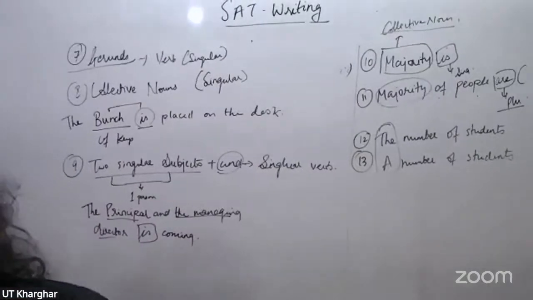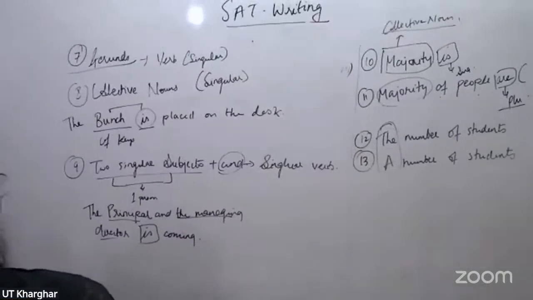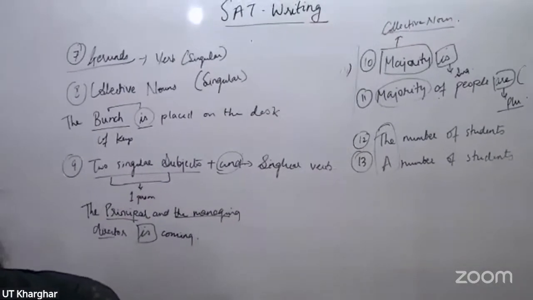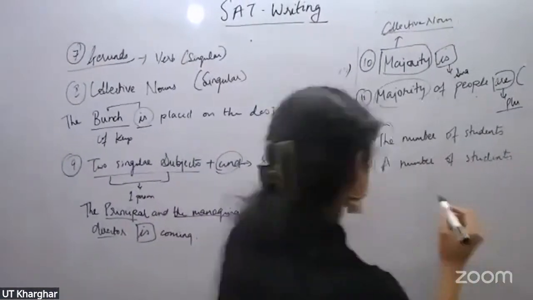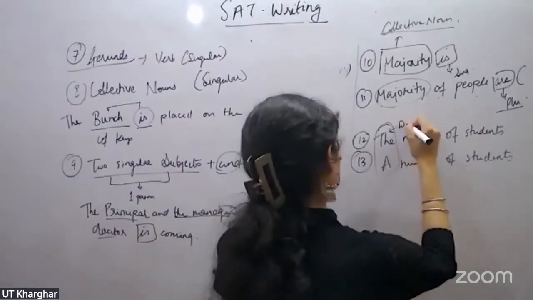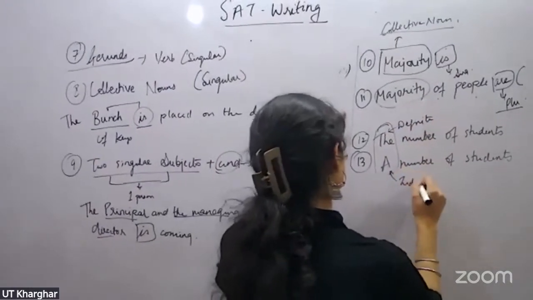"Number of students" is right. Yes, "the" is a definite article and "a" is an indefinite article.